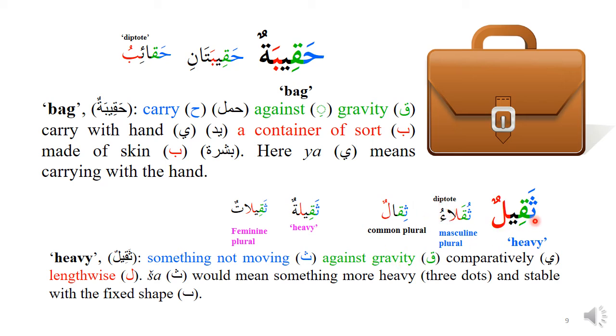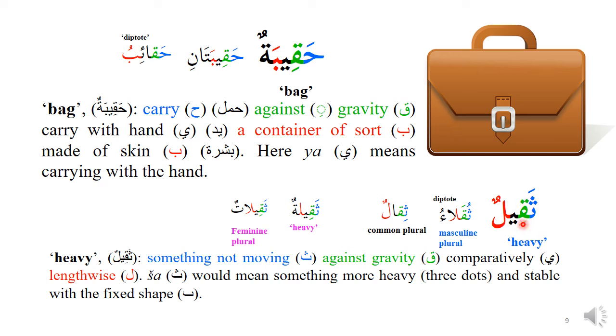So how does it make heavy? Sakilun. So you see, sa, we know sa is something heavy, because of three dots. It means something heavy and something stable, something which doesn't move much. Because of the stable or fixed shape, sabitun. Sabitun means something fixed. The fixed shape is there with sa. Then qaf, and you see it has to go up, or you have to move it, right?